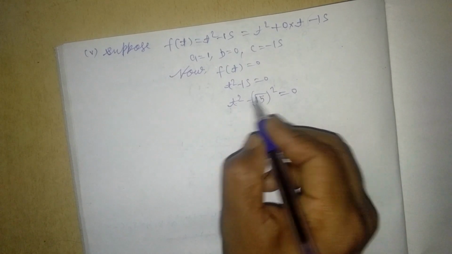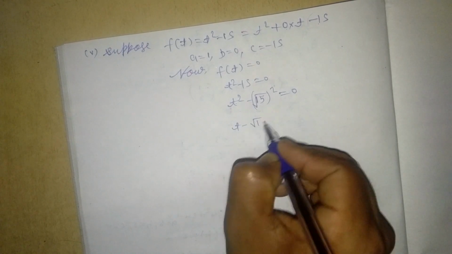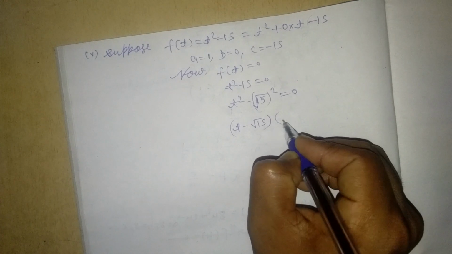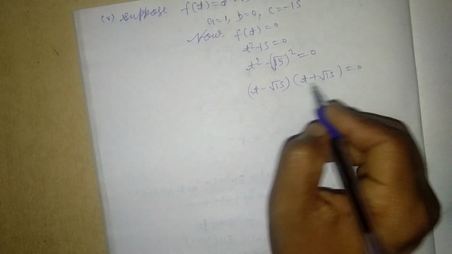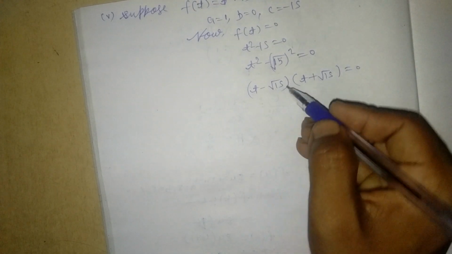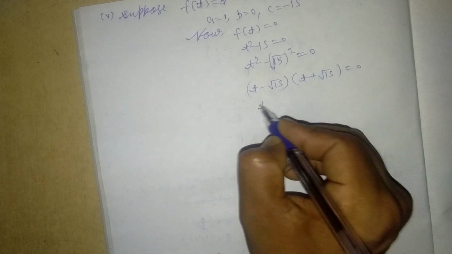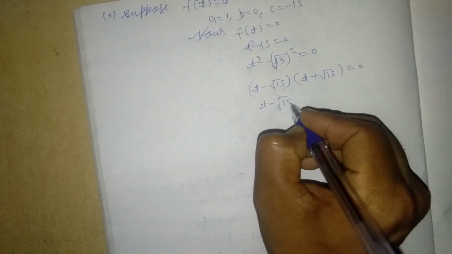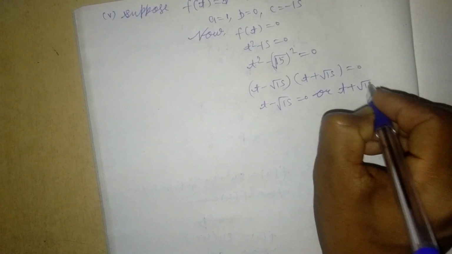So a square minus b square you can identify here. In one bracket you will write t minus under root 15, and in a second bracket you can write t plus under root 15, equal to 0. So the product will be 0 if either t minus under root 15 is equal to 0, or t plus under root 15 is equal to 0.